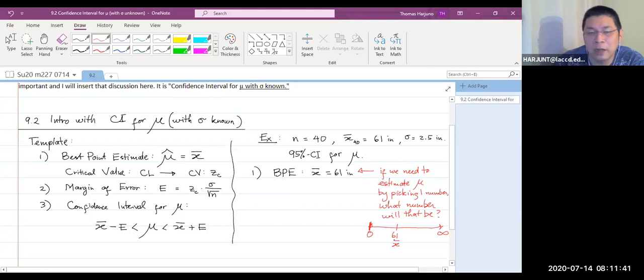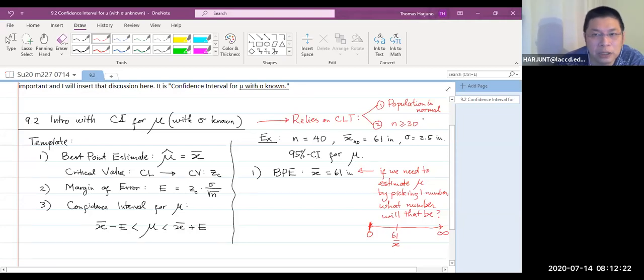Now keep in mind that this relies on the central limit theorem, which implies first, either the population is known to be normal, in this case the population height is normally distributed or approximately normally distributed, or on the other hand, the sample size is at least 30, which is the case here.